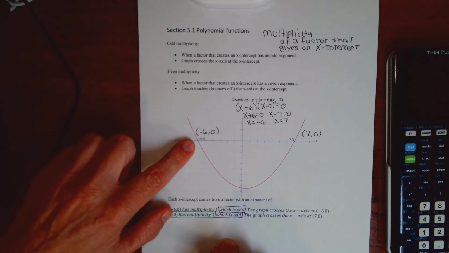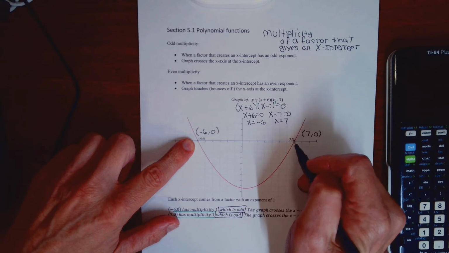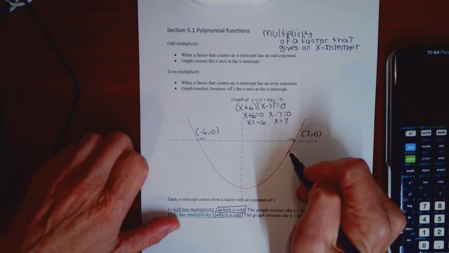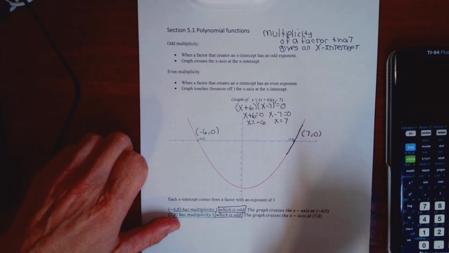At both the point negative 6, 0 and the point 7, 0, when the graph approached the x-intercept, it went straight through to the other side of the x-axis. That doesn't have to happen.